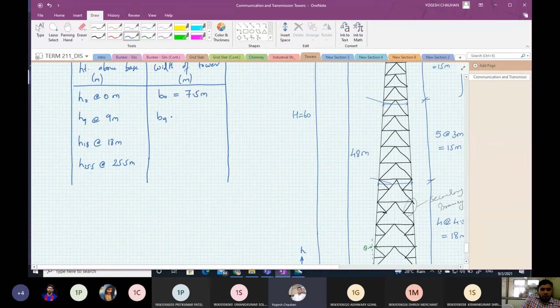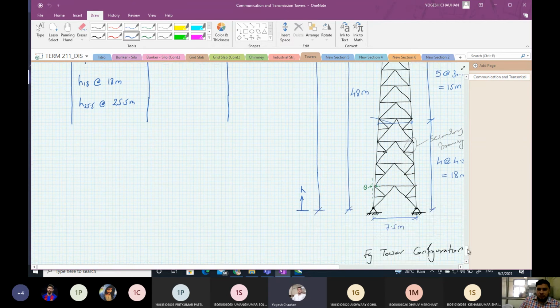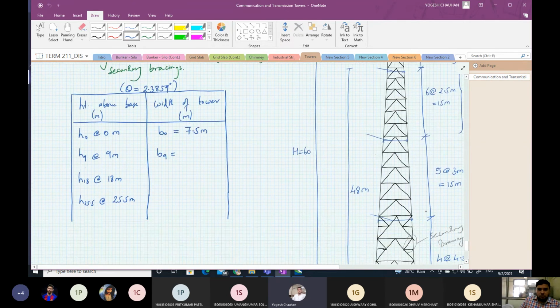Similarly B9, that is the width corresponding to 9 meter. So at 9 meter you can interpolate the value.